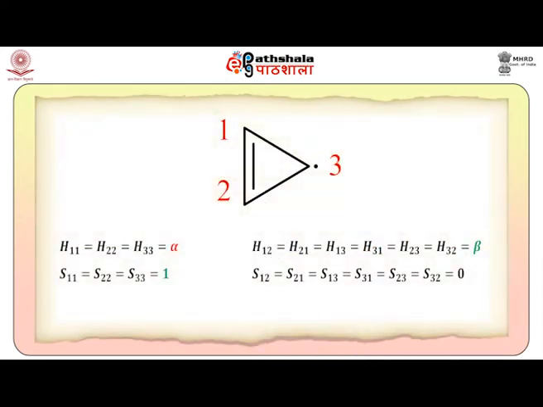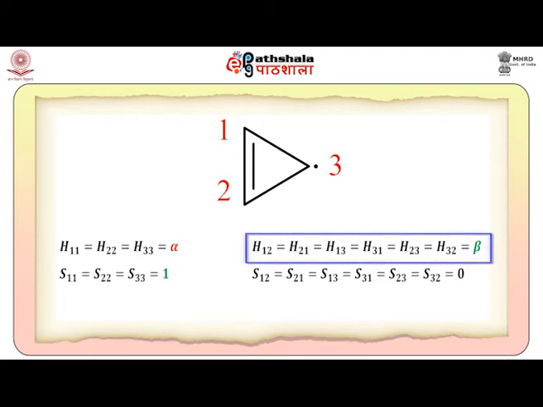Because of the cyclic nature of the molecule, H11, H22 and H33 will all be equal to alpha individually. Similarly, H12, H21, H13, H31, H23, H32, all these are linked to each other.